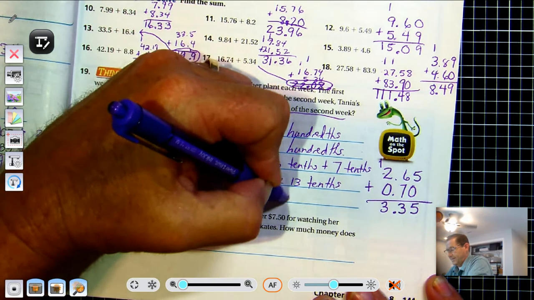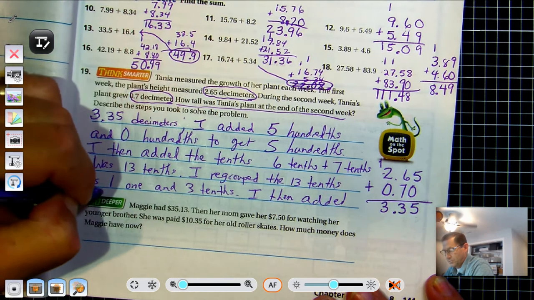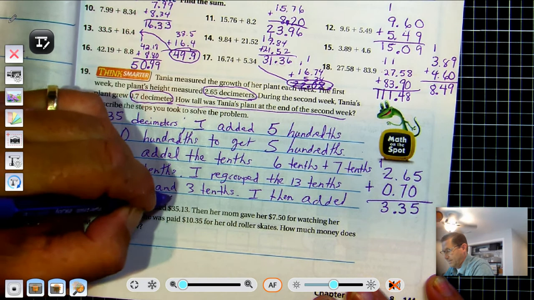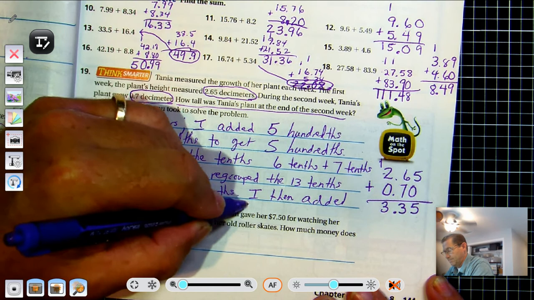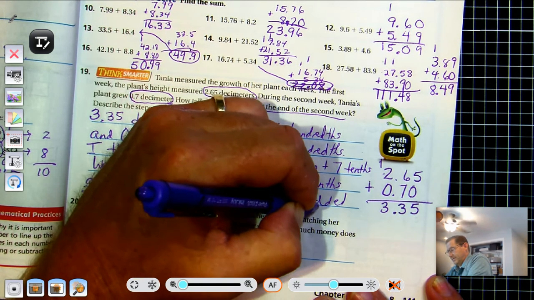I then added 2 ones plus 0 ones and the 1 regrouped one to get 3.